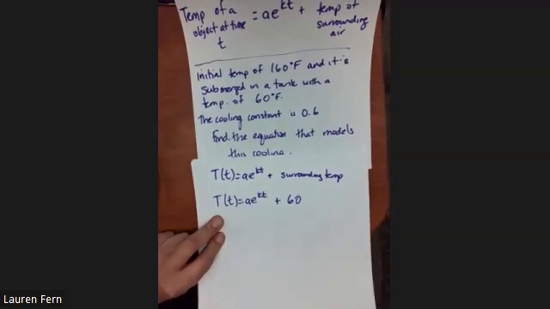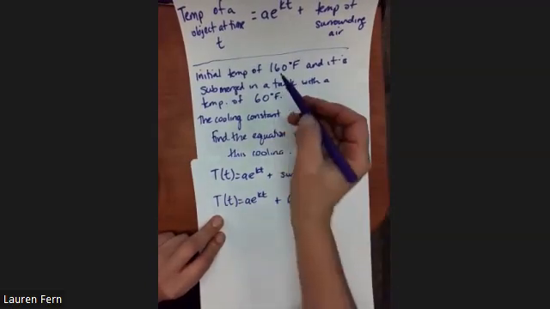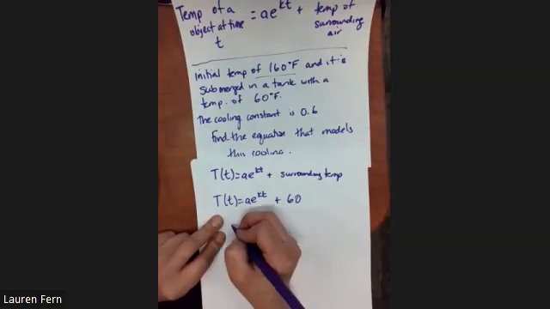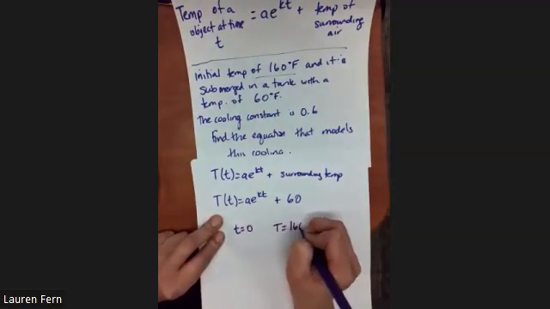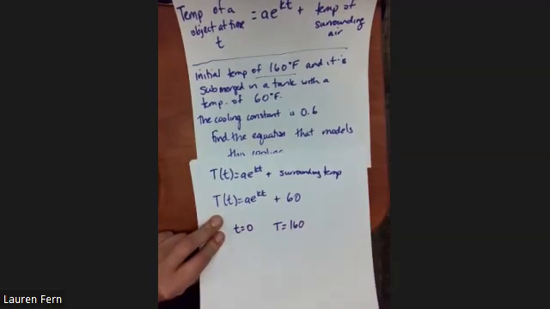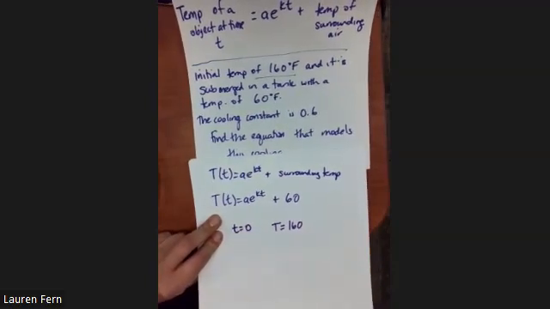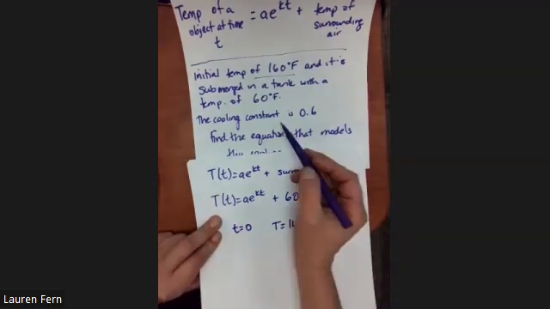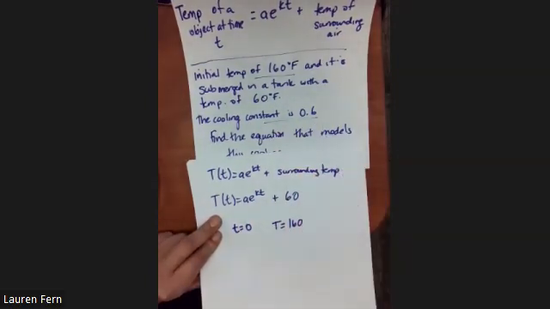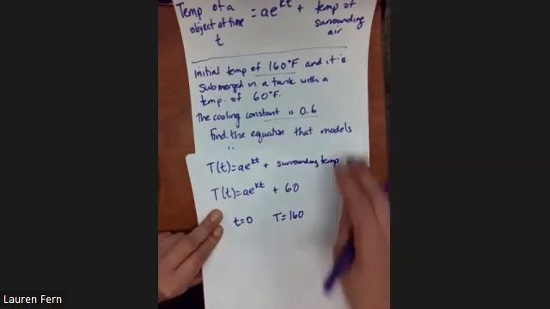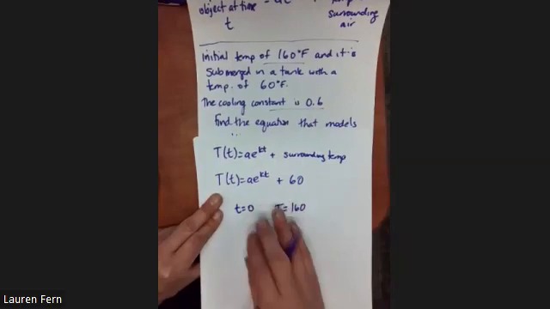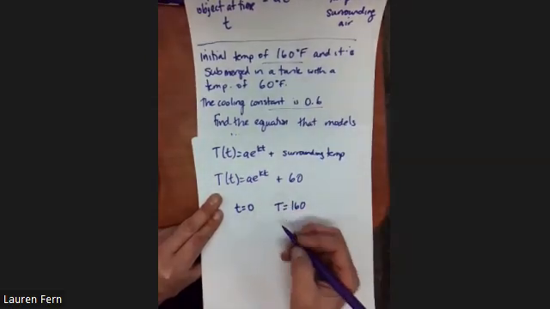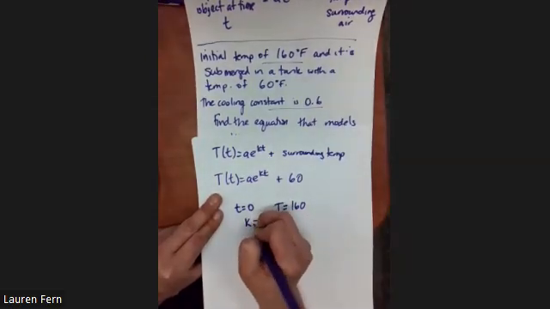Now, what other information are we given? Well, we're given the initial temperature. In other words, when little t equals 0, big T is equal to 160. And we're given one other thing. Notice we're given the cooling constant. When they tell you it's your cooling constant or even your heating constant, that's your value of k.